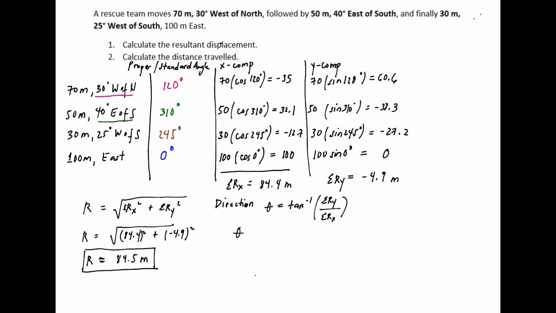If we apply the formula, we have arctan of negative 4.9 over 84.4, and if we press that in our calculator, it will give negative 3.3 degrees.